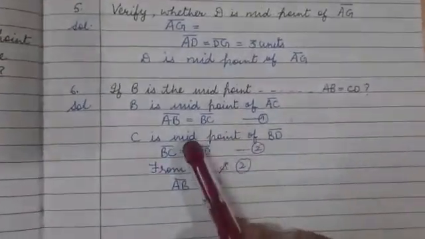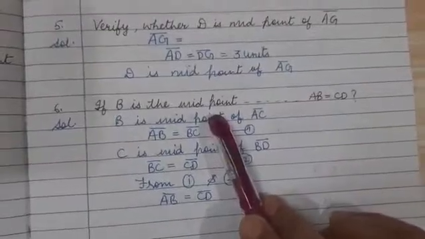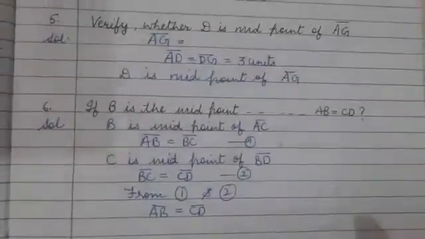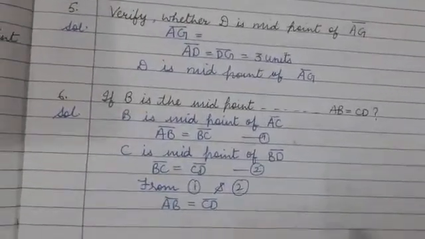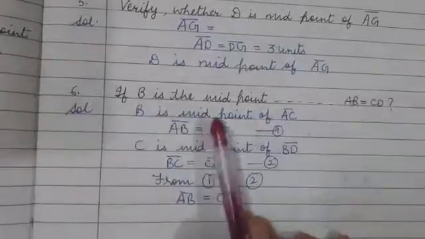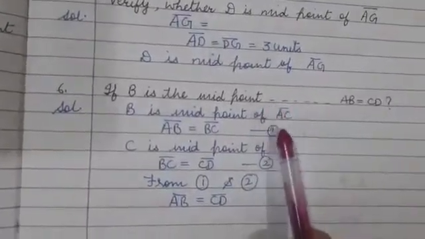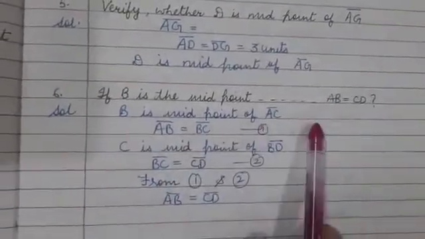Question number 6. If B is the midpoint of AC and C is the midpoint of BD, where A, B, C, D lie on a straight line, show that AB is equals to CD. Now B is the midpoint of AC. That means it has divided the line segment AC into two equal parts. AB is equals to BC. This is the first equation.